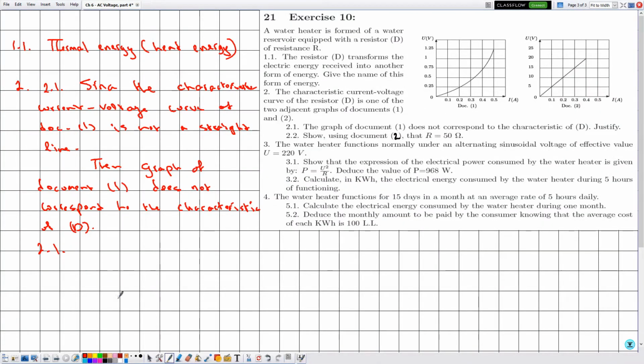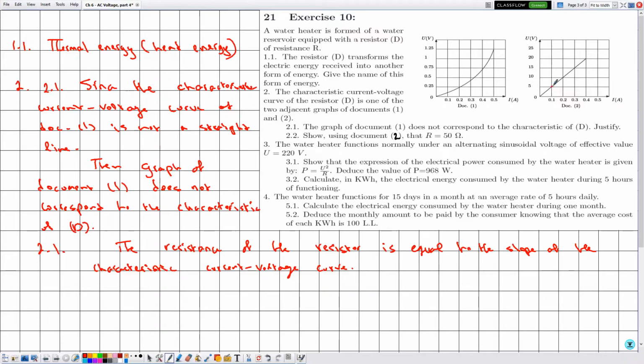The first step is to write the definition: the resistance of the resistor is equal to the slope of the characteristic current voltage curve.